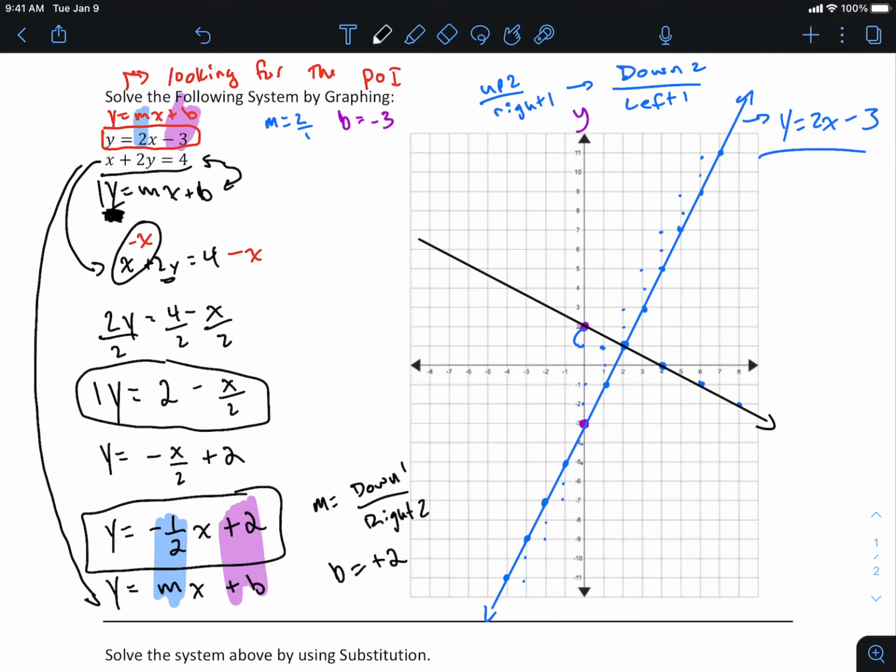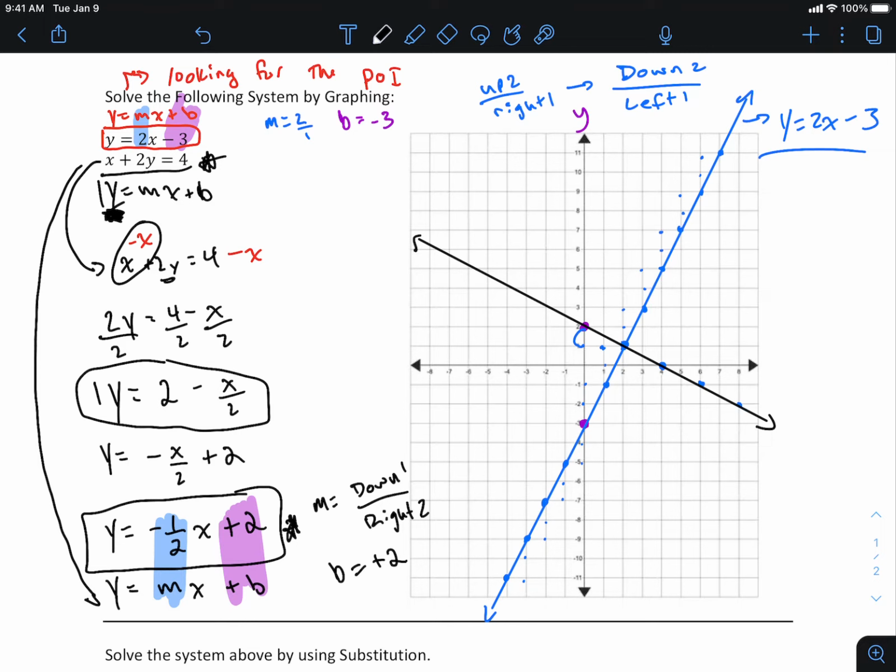But there's no difference between this and this up top. It is the exact same equation, just written differently, so that I could actually use it. It doesn't change what's going on.